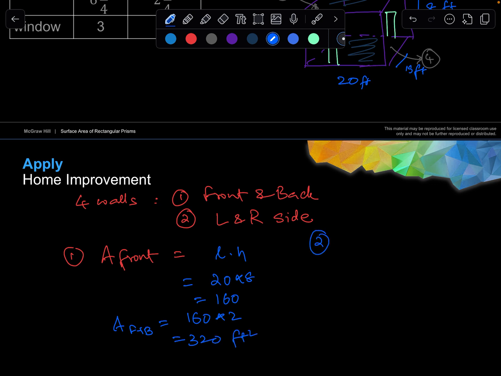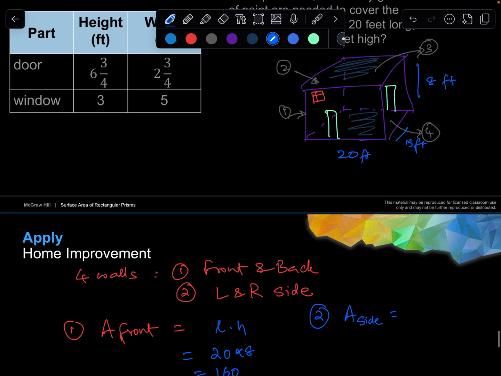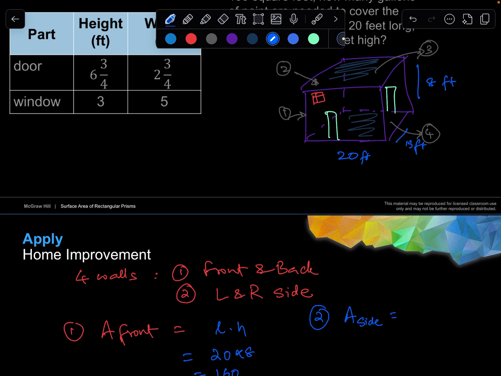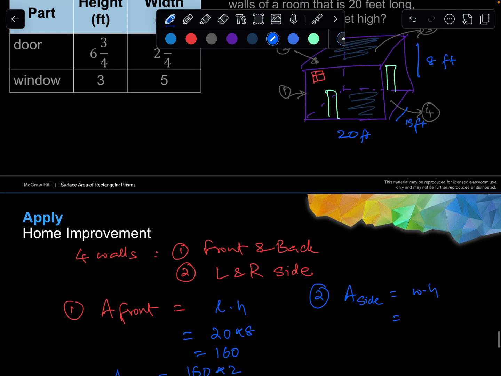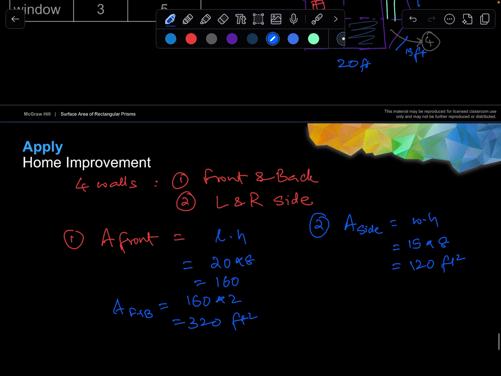Now my step 2, area of side walls. That is going to be equal to my width times height, right? Which is nothing but 15 times 8, which is 120 square feet.